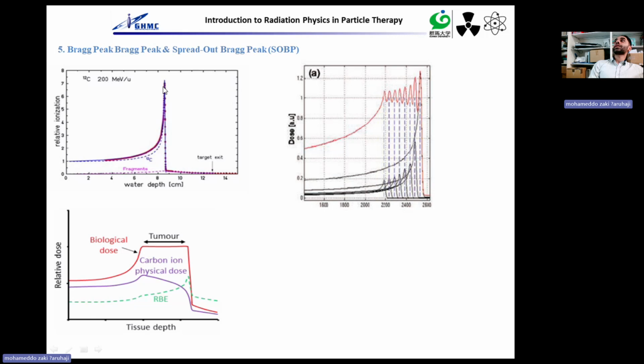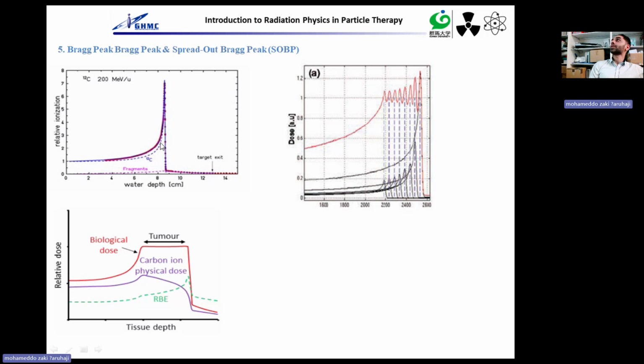When it rapidly falls down, all the secondary particles from the nuclear interaction start to produce the energy, the LET, linear energy transfer, instead of the particle itself, and they make the fragmentation tail because of the nuclear interaction.